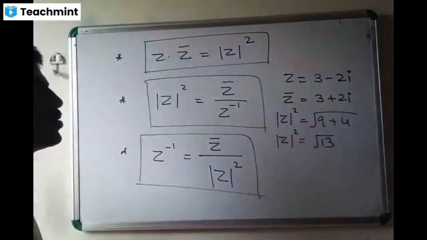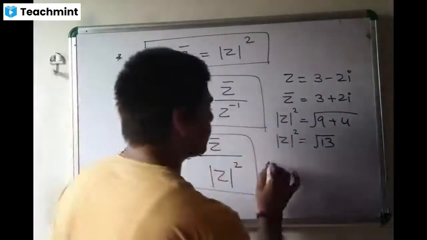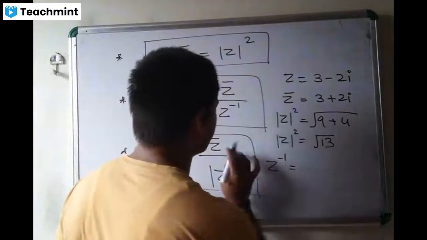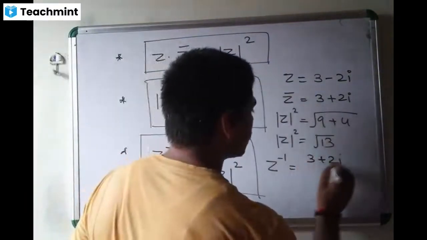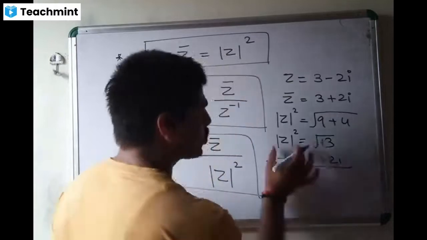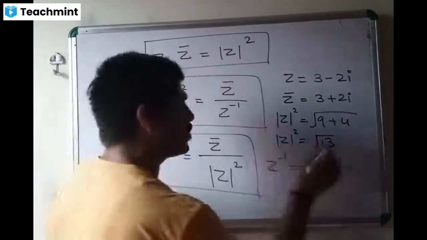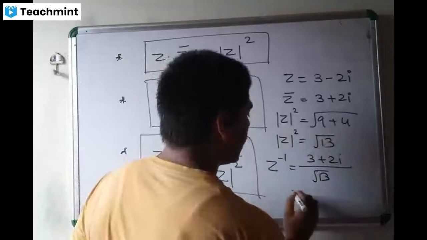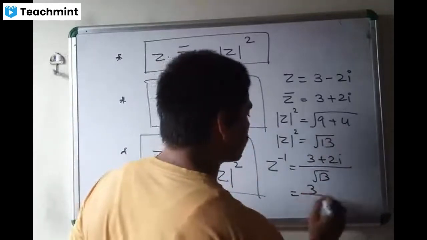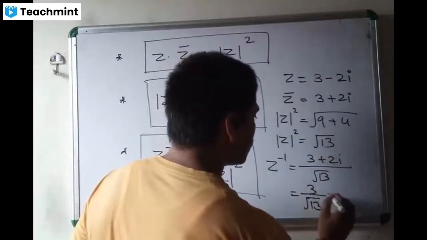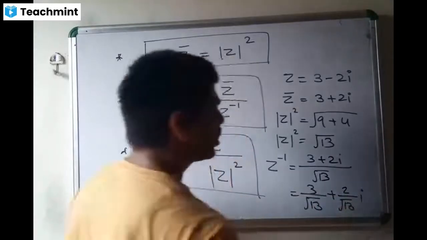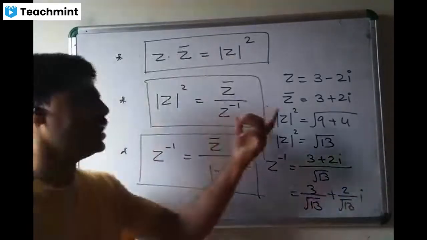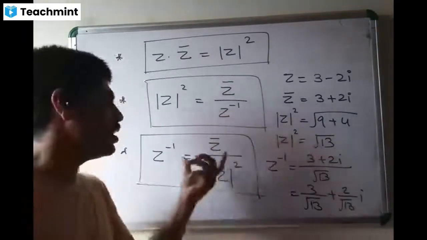Yes, sir. So to find the multiplicative inverse, Z inverse is equal to the conjugate of the complex number, 3 plus 2i, upon the square of the modulus, 13. You can write it separately as 3 upon 13 plus 2 upon 13 into i.